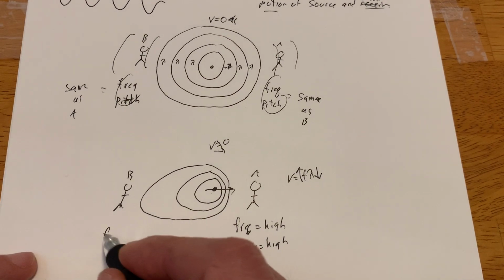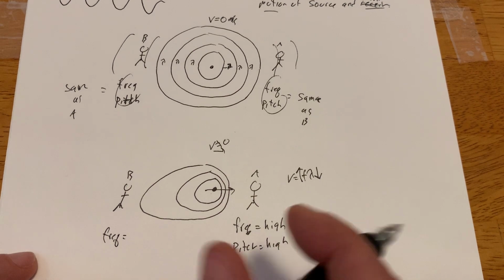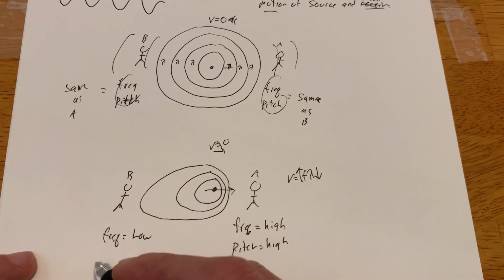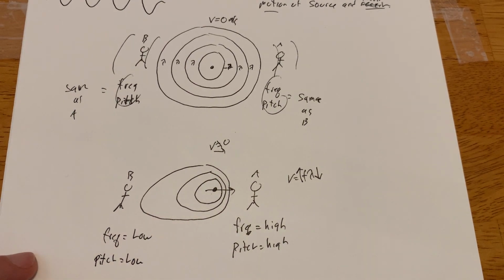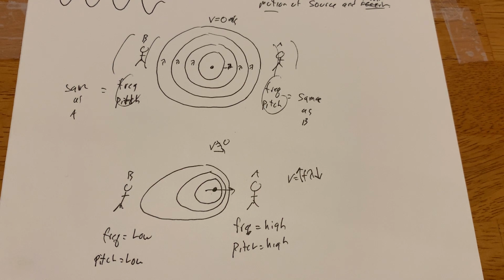Well, look what happened to the wavelengths. They got bigger. So low frequency means the pitch here is going to be low. Okay? So this is an example of the Doppler effect. Everyone here has experienced this when a motorcycle comes zipping towards you, the engine sounds really high, and when it goes past you, it gets really low. So this is the Doppler effect.